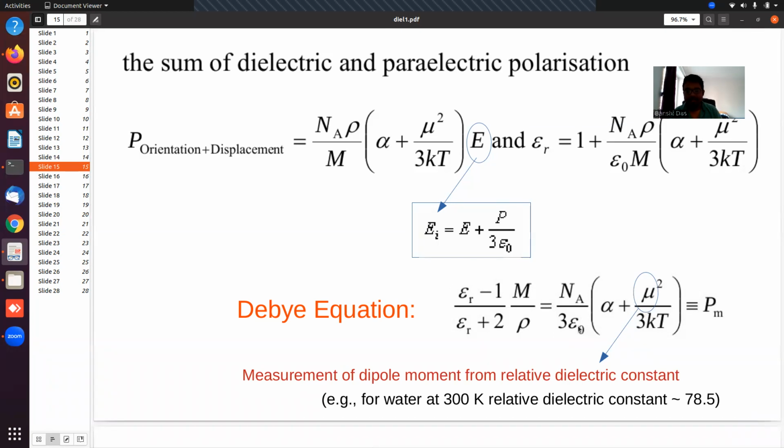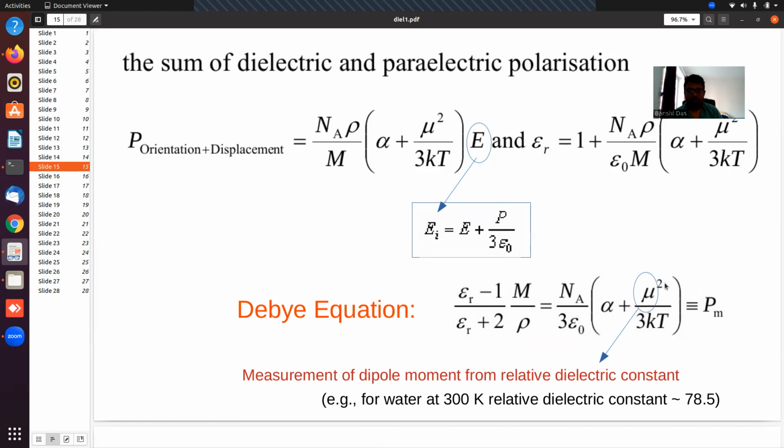We know the Debye equation, and then we have that idea that we measure the relative dielectric permittivity or dielectric constant at different temperatures, and if we plot it, from the intercept we can extract the electronic polarizability, and from the slope we can extract the dipole moment.